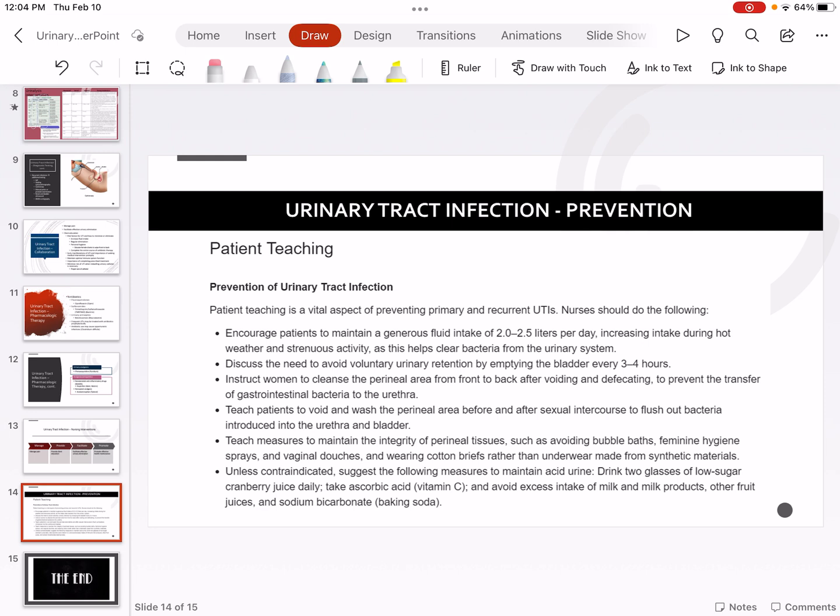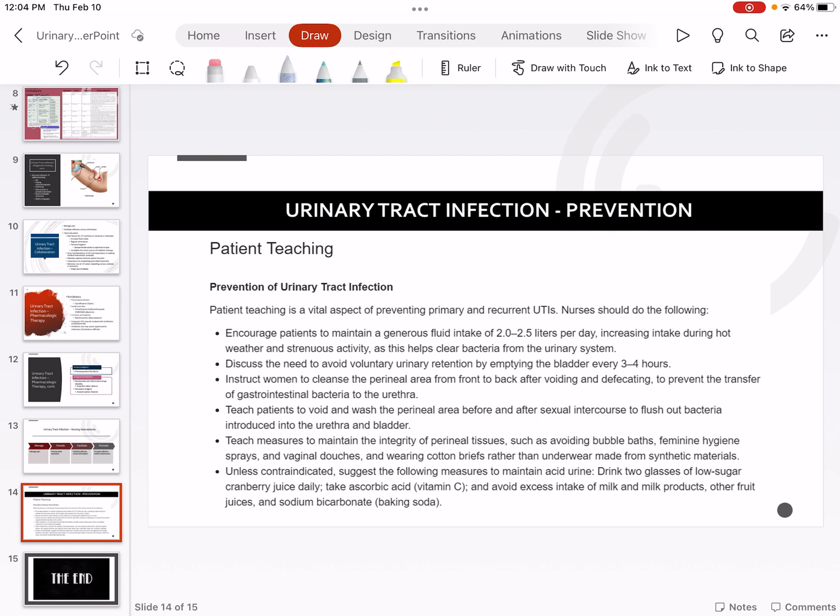It inhibits prostaglandin synthesis. It should be used cautiously in patients with renal or hepatic diseases because it can cause some dysfunction there. And these NSAIDs can cause gastric irritation, possibly gastric ulcers, or even GI bleeding. So it's really important that they take these with food. They can also cause nausea and vomiting as a potential side effect.